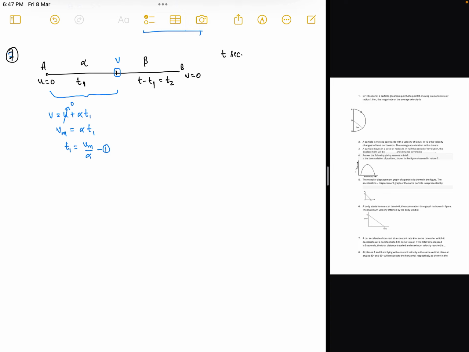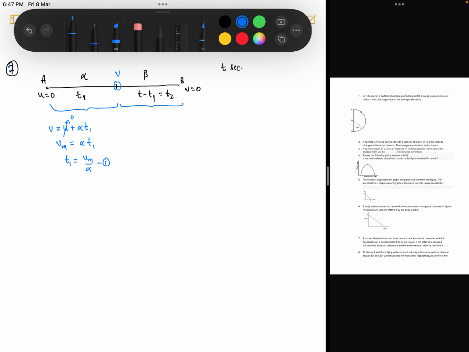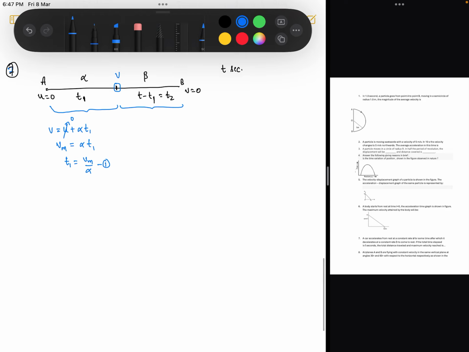So we can also write the same equation for this given time period. Here the particle is decelerating with the rate beta. So here v final is equal to v minus u is equal to at.